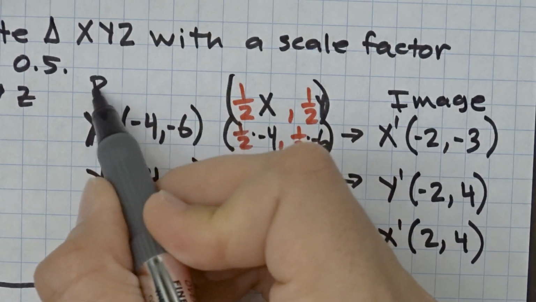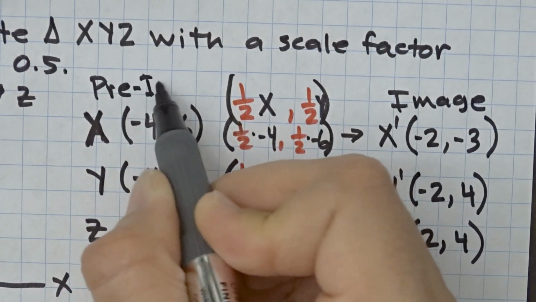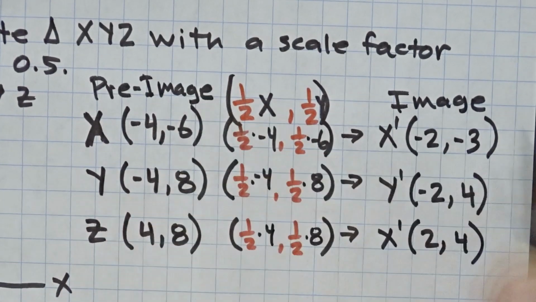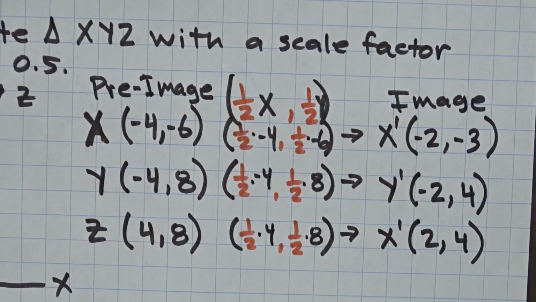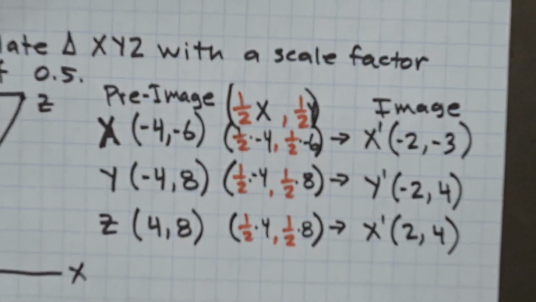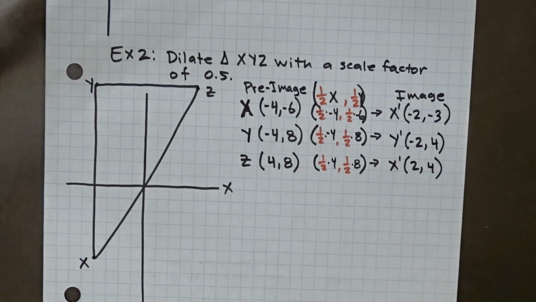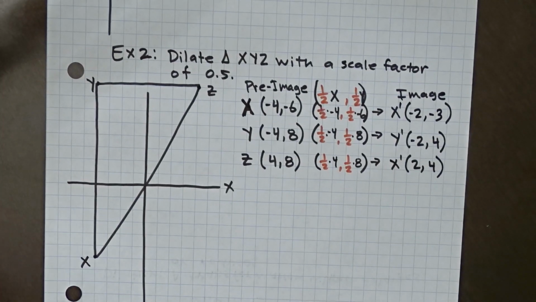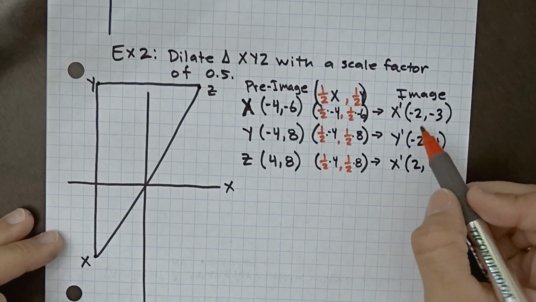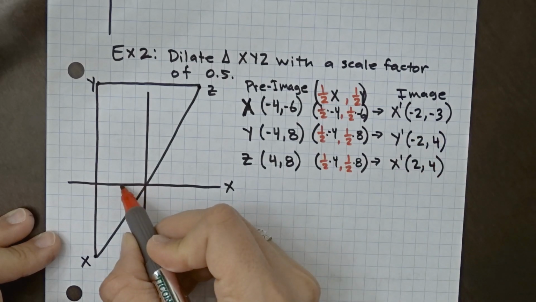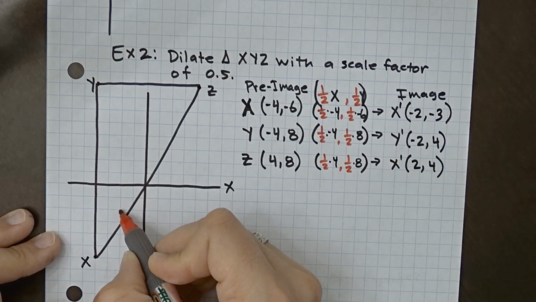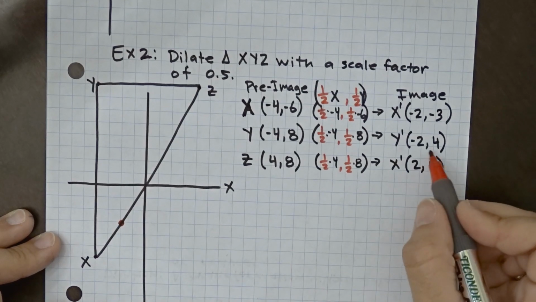And this was the pre-image. So those are our new image. Let's put them on the graph so we can see what it looks like and how this dilation affected the figure. Negative 2, 3. Negative 2, negative 3. Negative 2, 4.